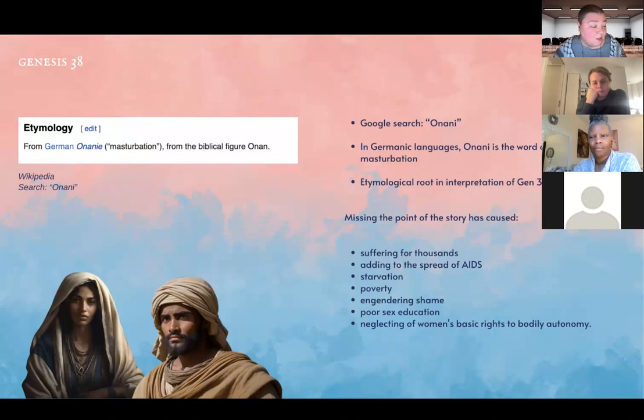In Norwegian and other Germanic languages, onanie is the word or synonym for masturbation, all having their root in this Bible character called Onan. And so a story about how seriously God takes the exploitation of women in society becomes redirected to instead be about everything from masturbation to contraception to sacred semen, all the while entirely missing the point.